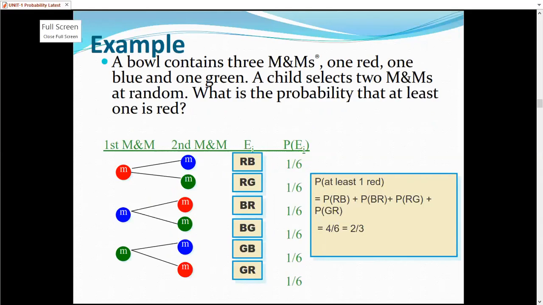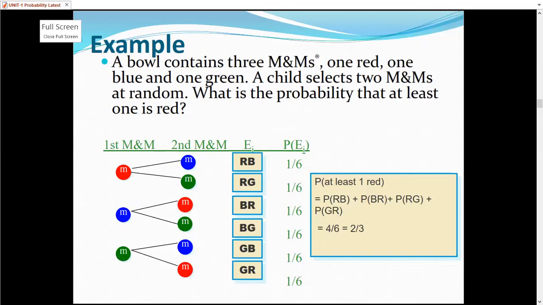See here, now you have one more example with M&Ms of different colors. A bowl contains 3 M&Ms: one red, one blue and one green. A child selects 2 M&Ms at random. What is the probability that at least one is red? So what are your combinations here?